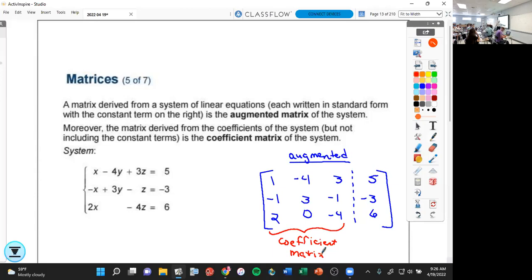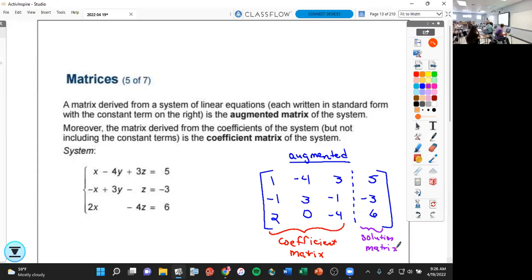What's this last thing? I don't remember what this text calls it for sure, but I know in the past I've called it the solution matrix. Which happens to be a column matrix because it only has one column, right?